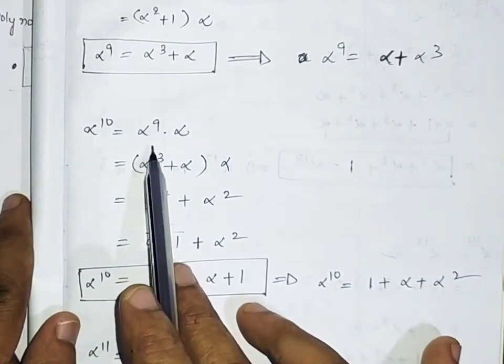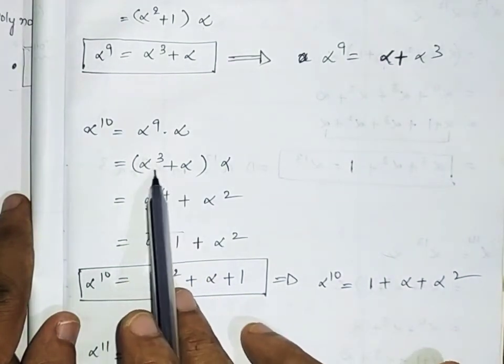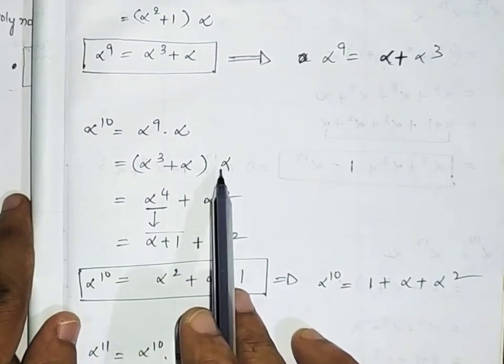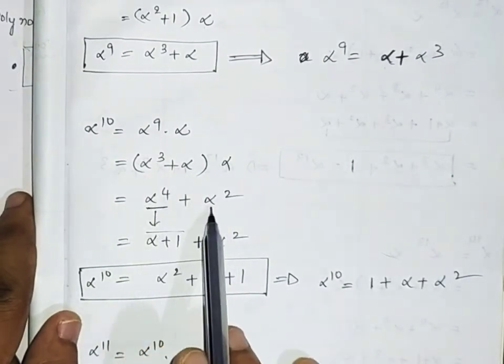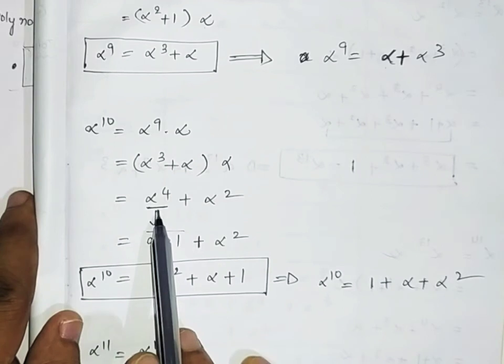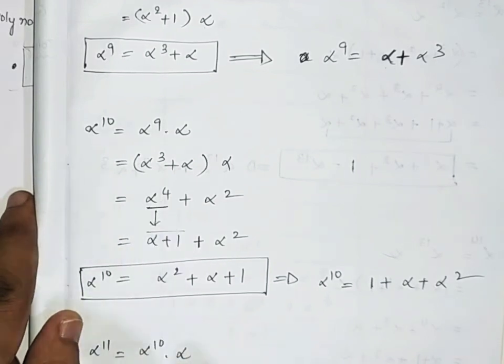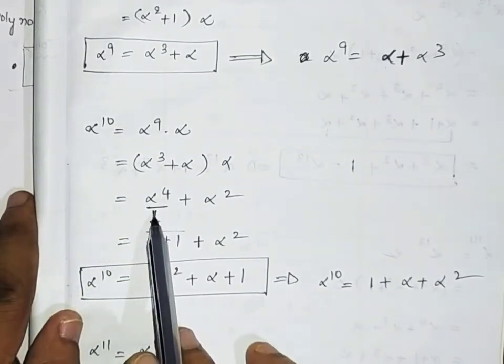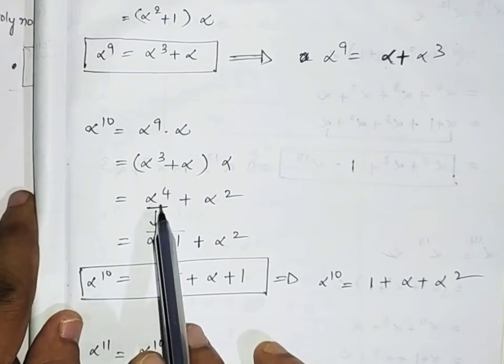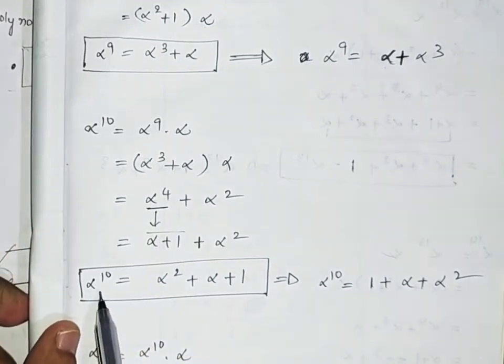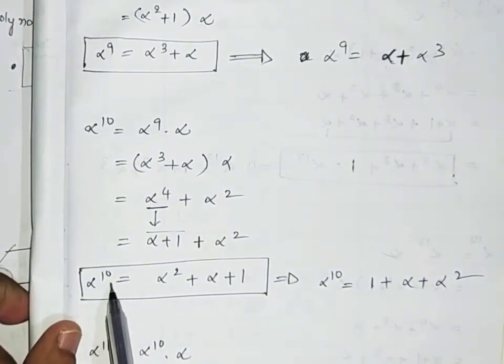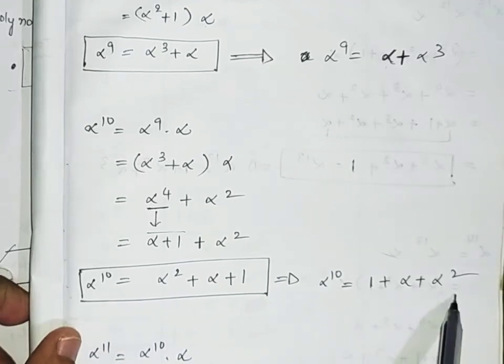If we substitute alpha power 9, then it becomes alpha cube plus alpha into alpha. Upon multiplication, alpha power 4 plus alpha square. We know the alpha power 4 value from the previous results. Let us substitute the result of alpha power 4 here. So finally, we obtain the result for alpha power 10, 1 plus alpha plus alpha square.